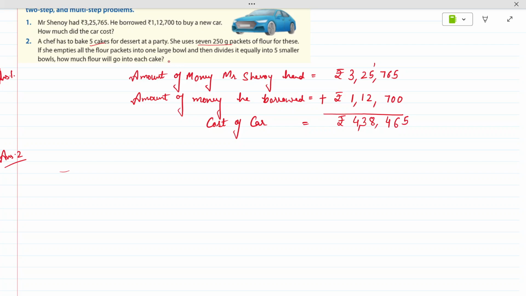So what has been said here is that a chef has to bake 5 cakes. This is the total amount of flour she is using, and then what she has to do is this total amount of flour she has to distribute equally in 5 smaller bowls, because she has to bake 5 cakes. So how much flour will go into each cake?